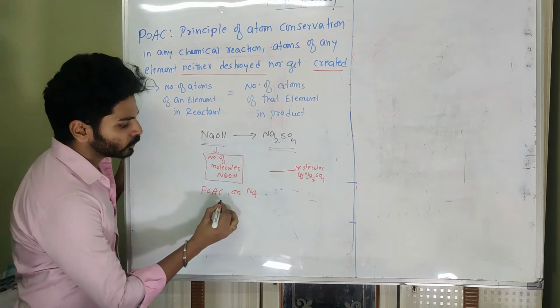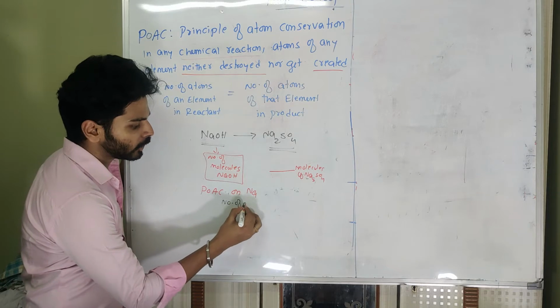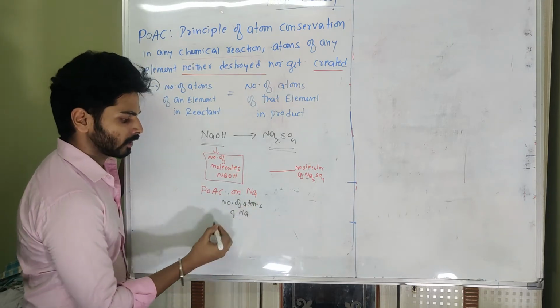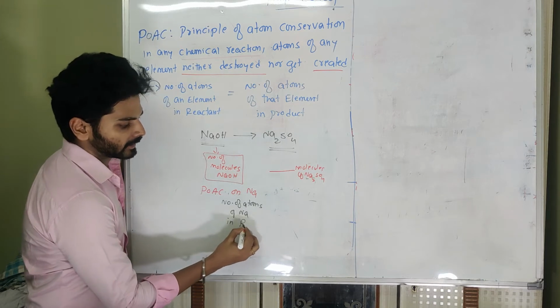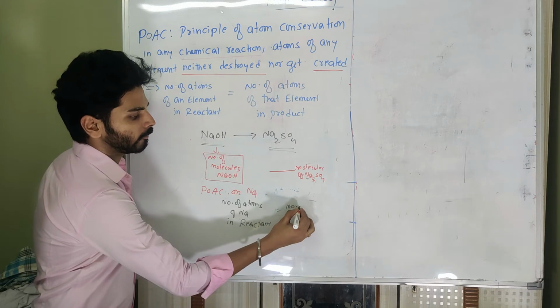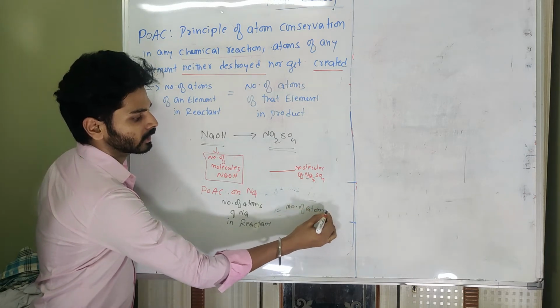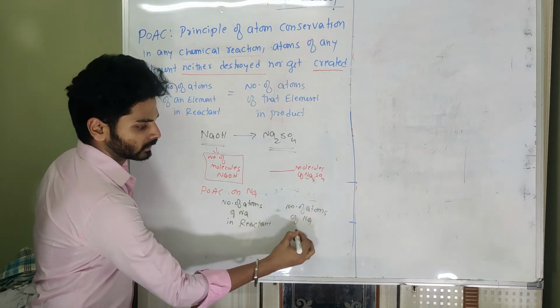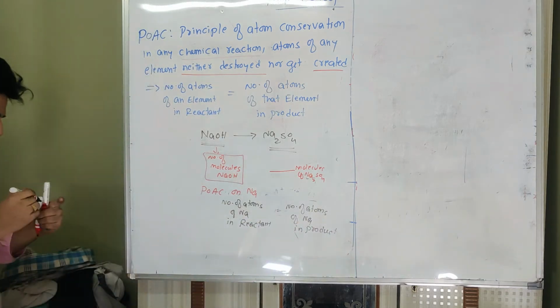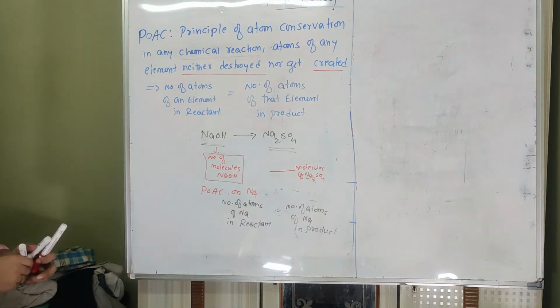So we have to make sure that the number of atoms of sodium in the reactant, NaOH, is equal to the number of atoms of sodium in the product. This is what we have to do.